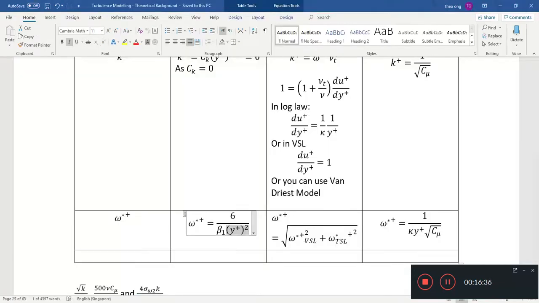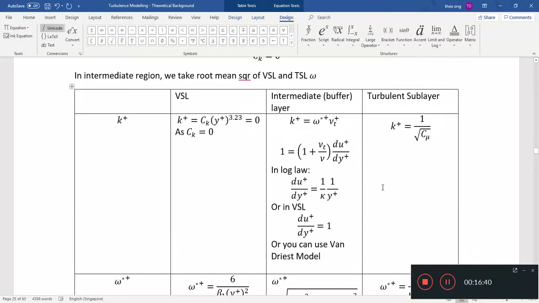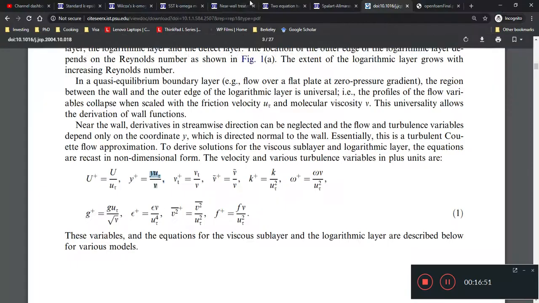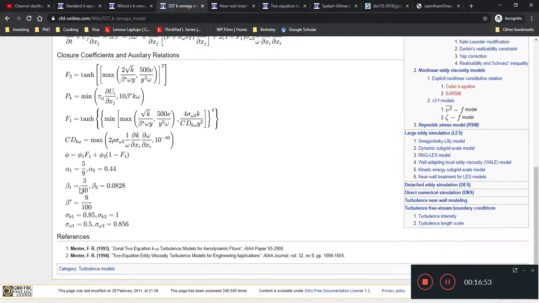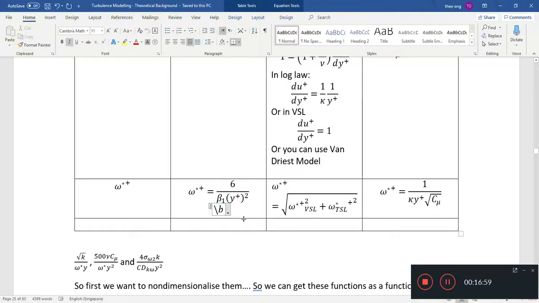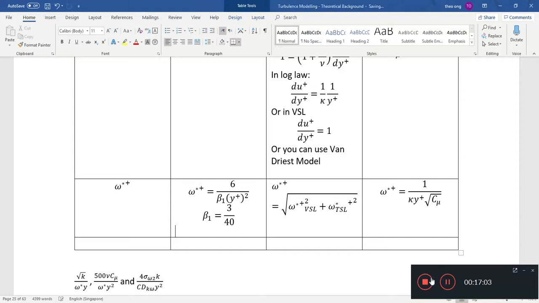And what is beta 1? Just for clarity's sake, C mu equals 0.09. Let's take a look here: beta 1 equals 3 over 40. So beta 1 equals 3 over 40.